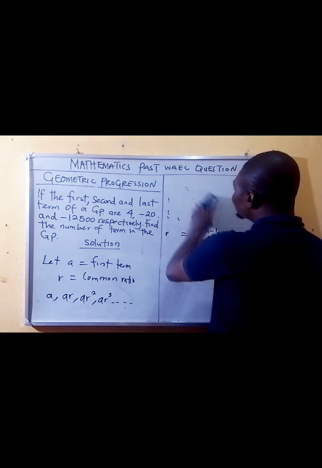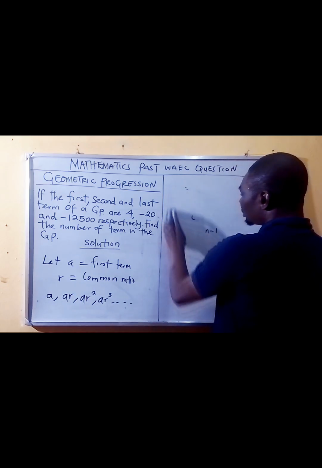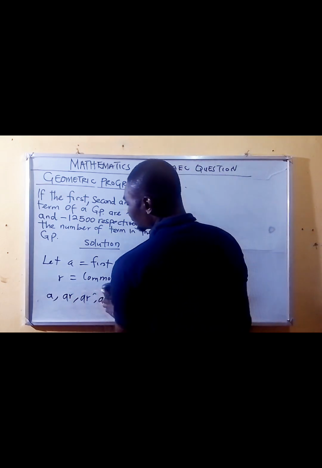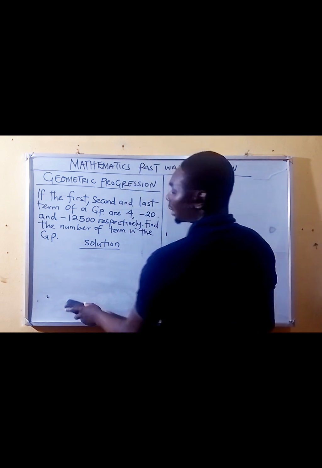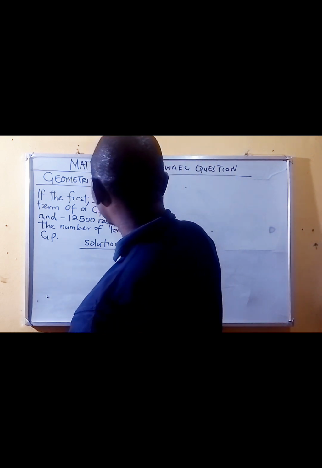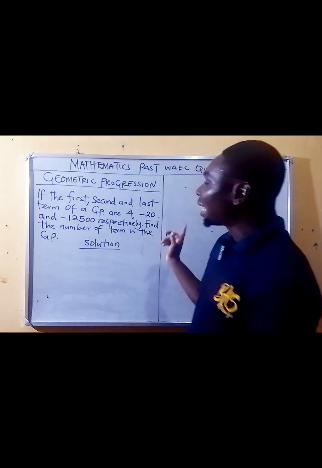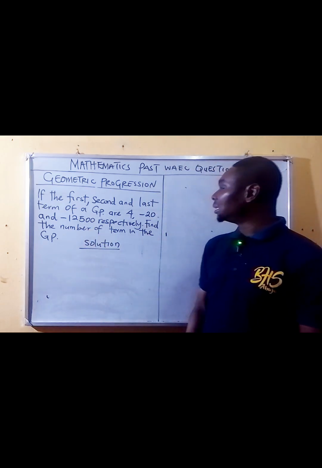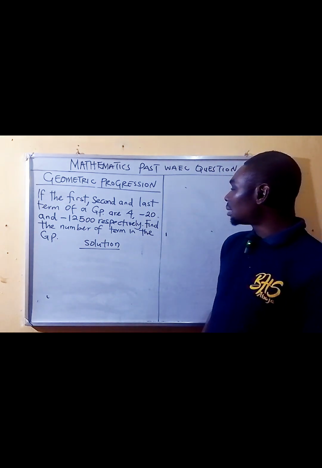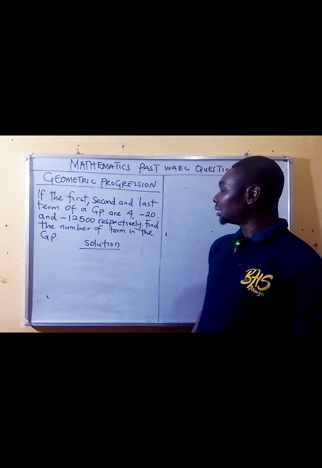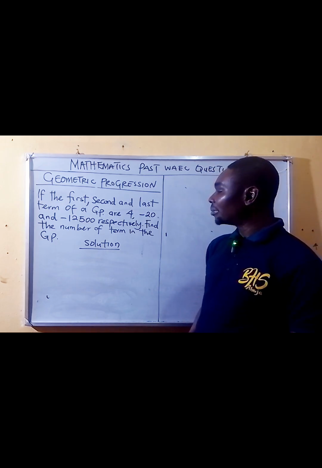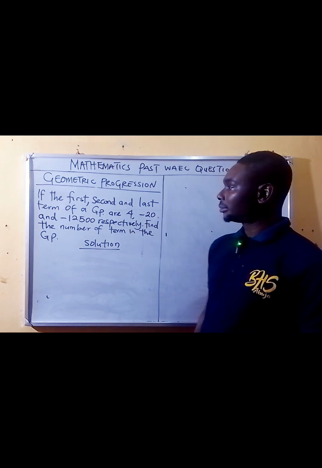Now, let's solve this question. You can see on the board. If the first, second, and last term of a GP are 4, minus 20, and minus 12,500 respectively, find the number of terms in the GP.